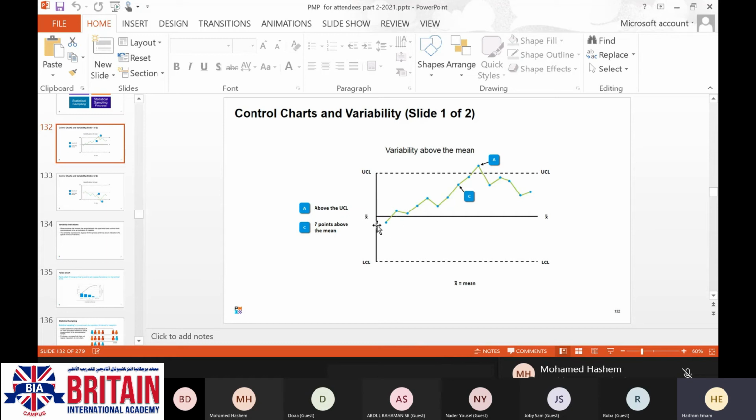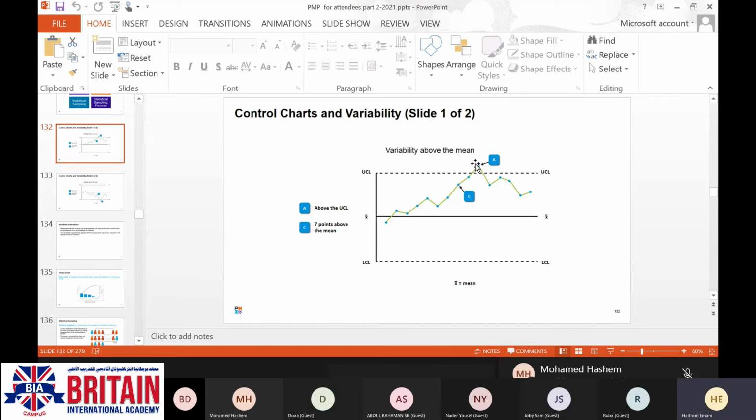So you are going to take samples from your process and check the mean, the average thickness, for example, and what the upper control limit for that thickness is, and what the lower control limit would be. If you have 7 points on a consecutive basis above the mean, that means your process is out of control.